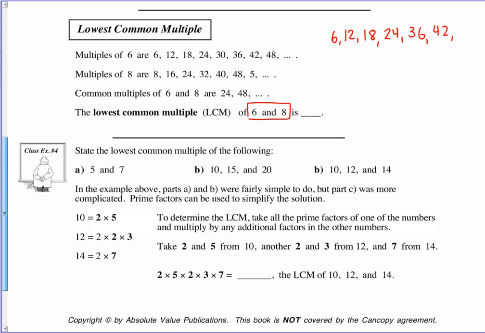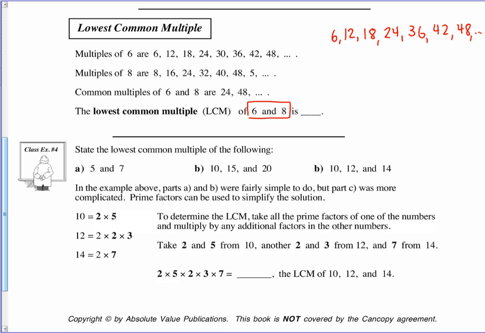So 8 would be 8, 16, 24, 32. Oh, I missed 30. Sorry, guys. I just skipped 30 altogether and added 12. So the lowest common multiple would be 24. It's the first multiple in common.